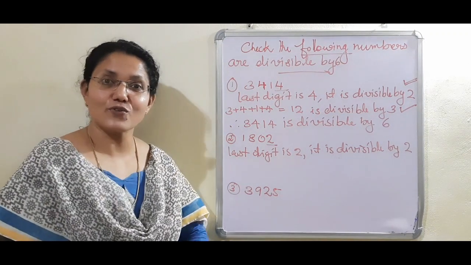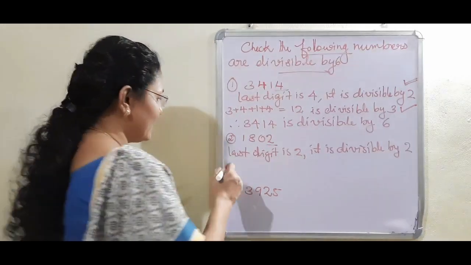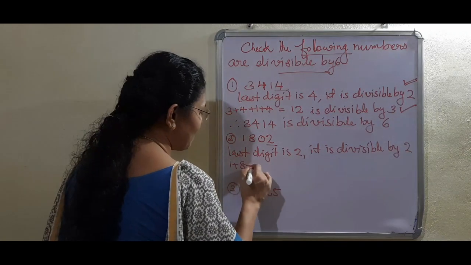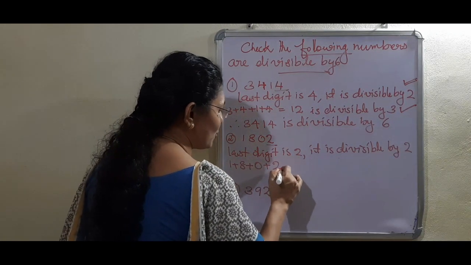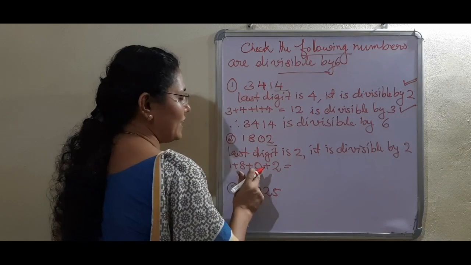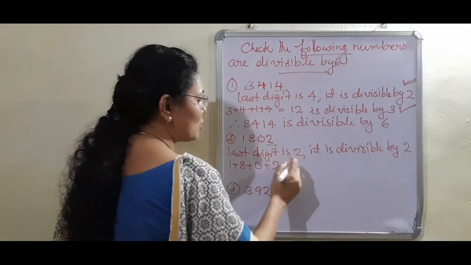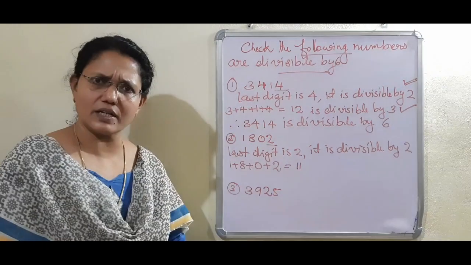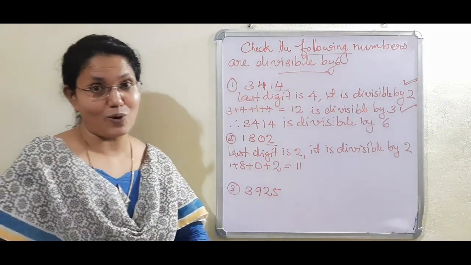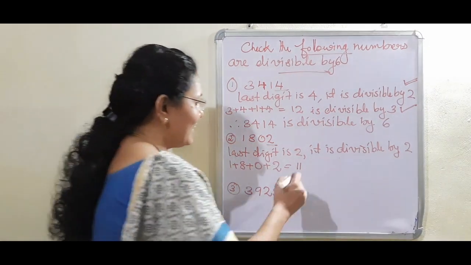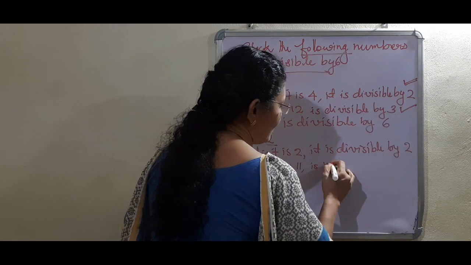What to do? We should find the sum of the digits. That is 1 plus 8 plus 0 plus 2. 8 plus 1, 9. 9 plus 0, 9 itself. 9 plus 2, 11. Is it divisible by 3? No. In the multiplication table of 3, 11 is not there. 11 is not divisible by 3.